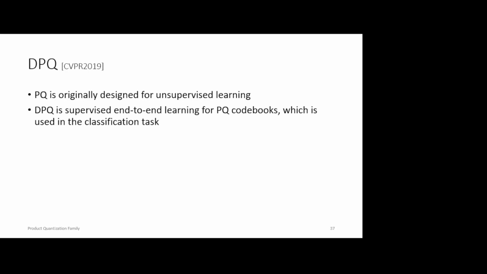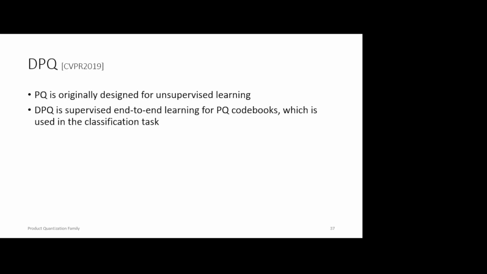You can see through the whole review of the PQ variants, they all just use k-means to do the clustering and the quantization, so we don't use any label information during this step. But DPQ uses supervised end-to-end learning to learn the PQ codebook.